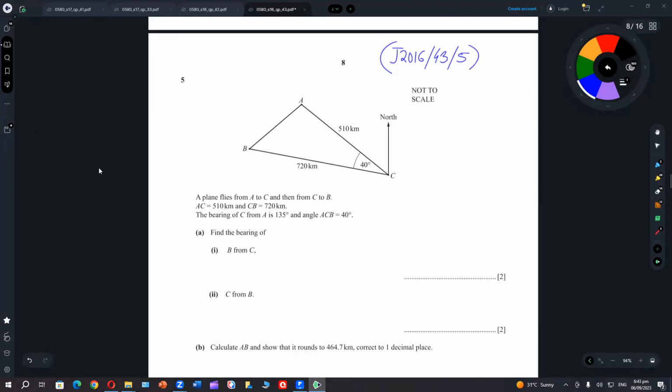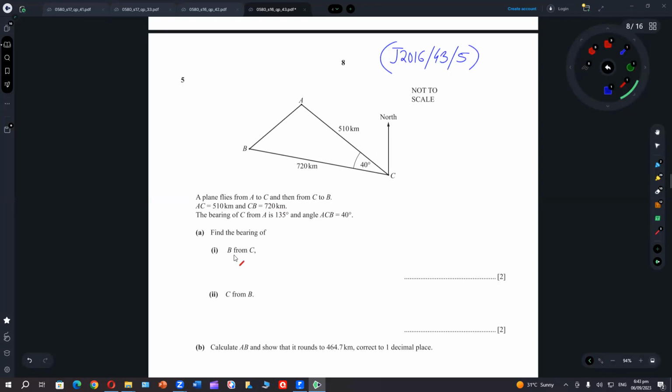A plane flies from A to C and then from C to B. AC is 510, CB is 720, bearing of C from A is 135 and angle ACB is 40 degrees. Find the bearing of B from C. What is the significance of this word from?